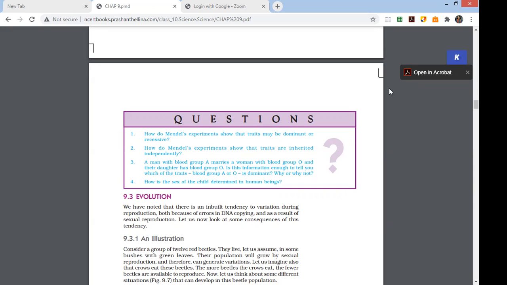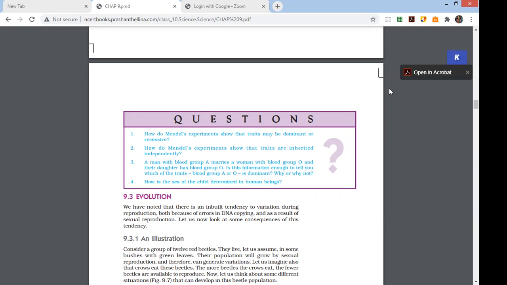Then by the technique of emasculation and bagging, he performed cross-pollination in these plants. Say he crossed tall pea plant with dwarf pea plant. We all know that by nature, only self-pollination can occur in pea plant, but by emasculation and bagging, cross-pollination can be done.